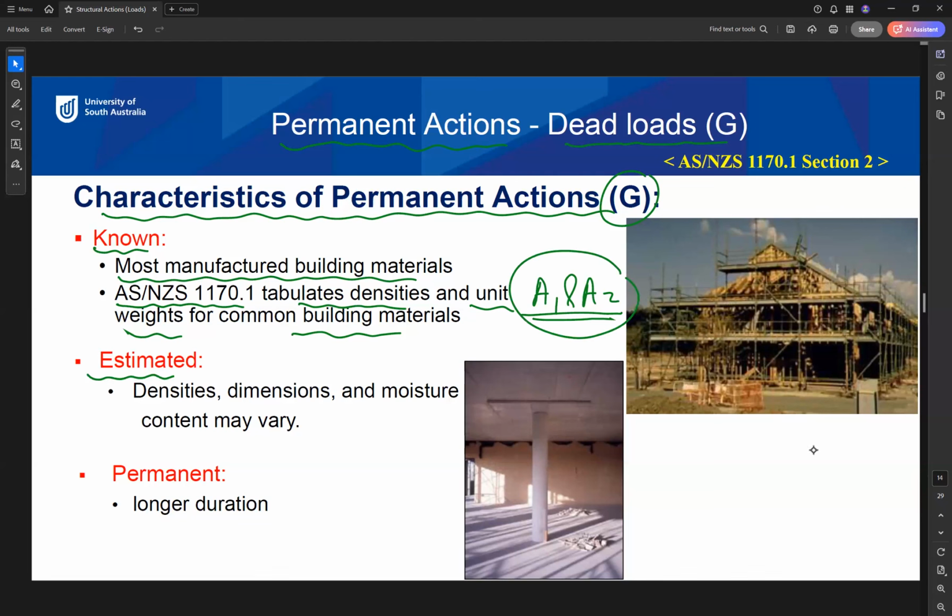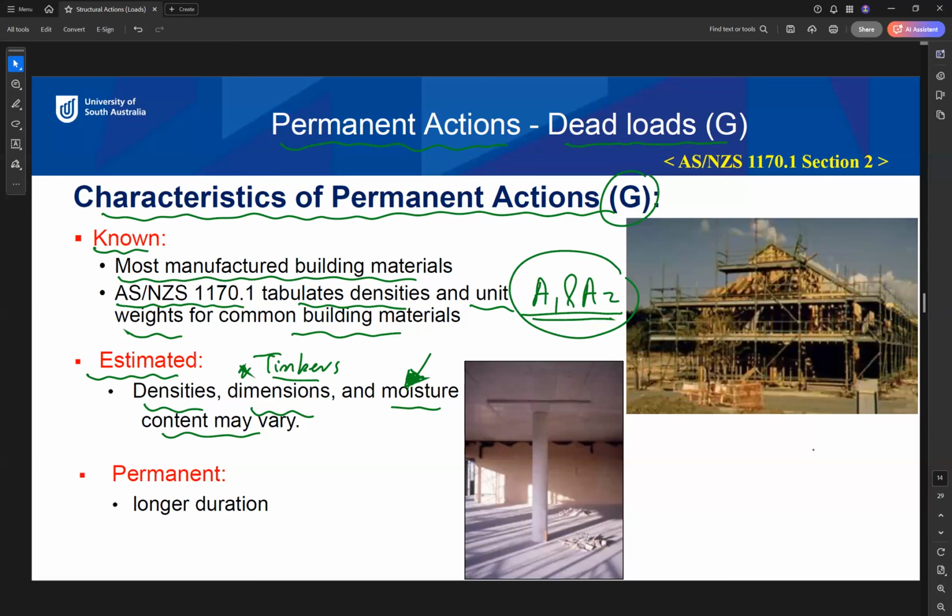Other dead load that we cannot know an exact value for, but we can assume or estimate the values using the densities and dimensions and moisture content that may vary. For example, some types of timbers here in Australia have different values of the moisture content, so the values of the unit weights are not very exact.